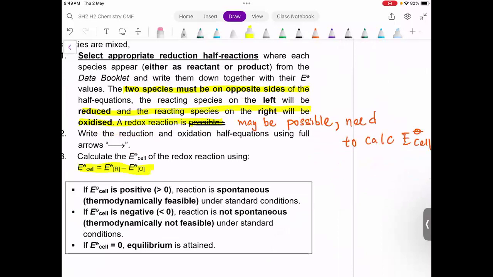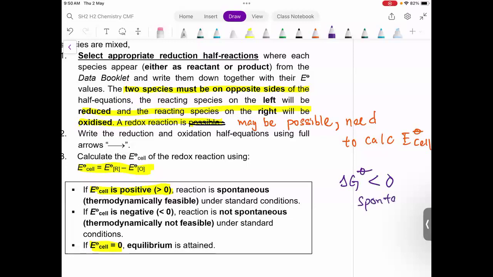Okay, and when is this redox reaction spontaneous? E naught cell must be more than 0. Okay, so we must make reference to more than 0, less than 0, or equal to 0. Very similar to what we have learned for delta G. But delta G must be negative in order for the reaction to be spontaneous.